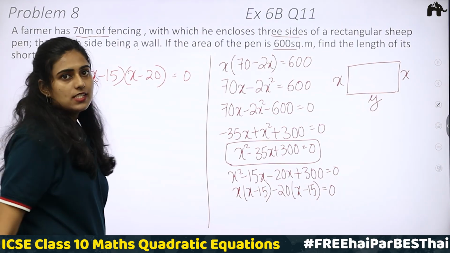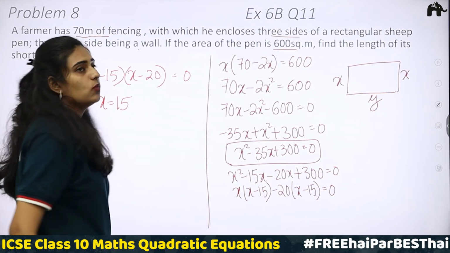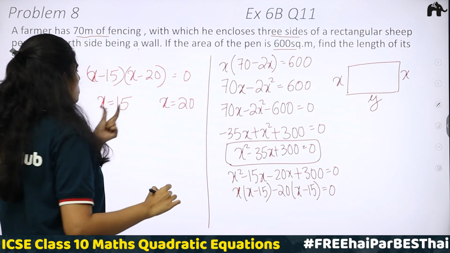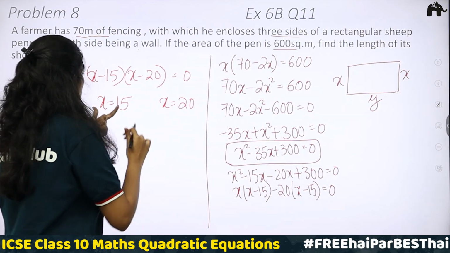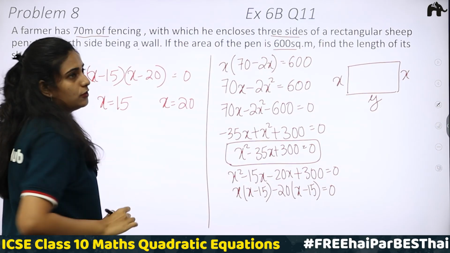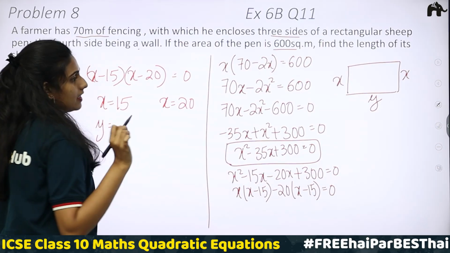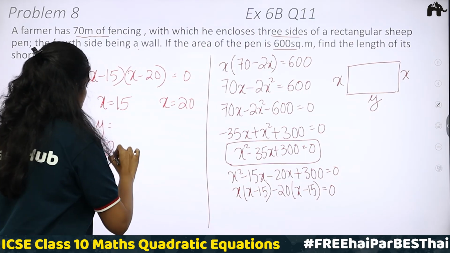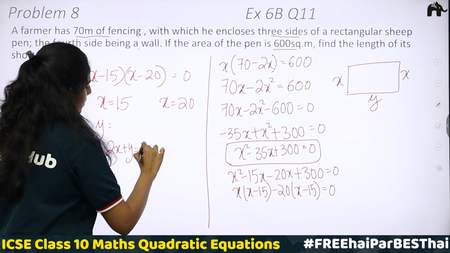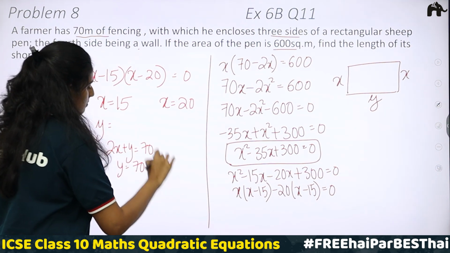x minus 15 is equal to 0 implies x is equal to 15. x minus 20 is equal to 0, then x is equal to 20. So these two values are the possible values for the shorter side. When x is equal to 15, what is y? We have 2x plus y is equal to 70, and y is equal to 70 minus 2x.